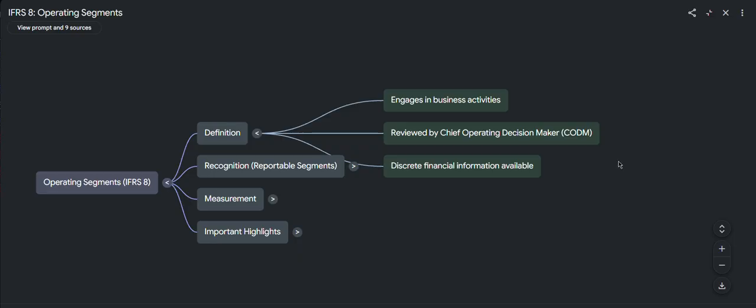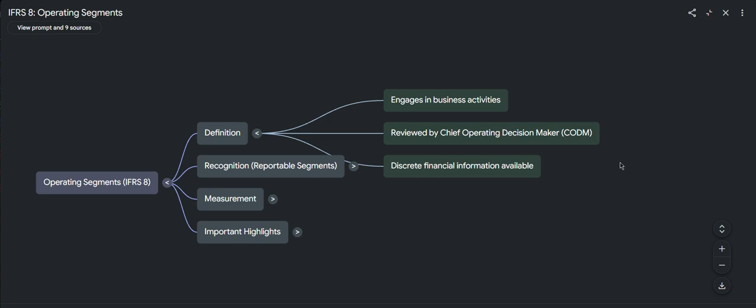So the chief operating decision maker, through the inputs being relayed to him, since operating segments is somehow an internal based measurement. The one who oversees that the measurement is reliable or somehow accurate is the chief operating decision maker, or we call it by its acronym, CODM.